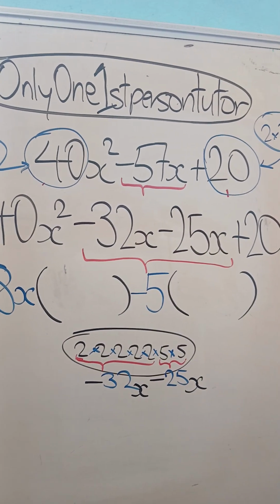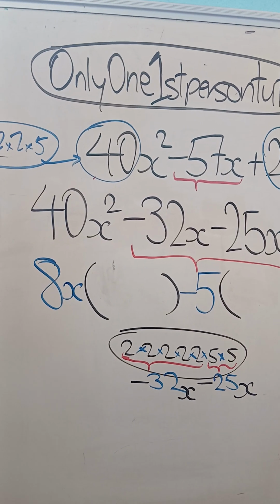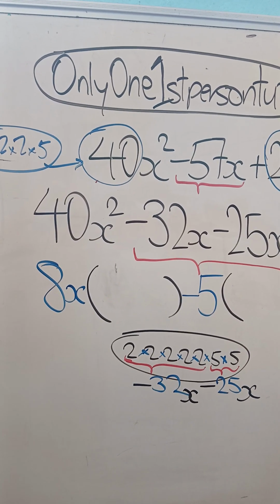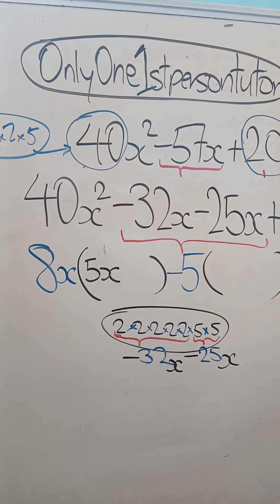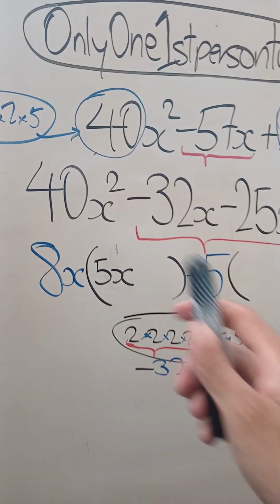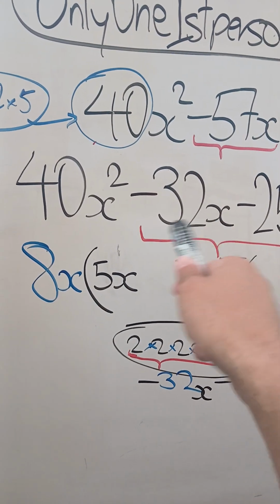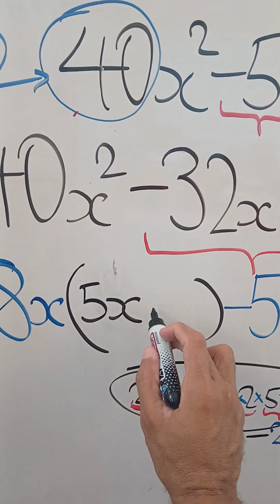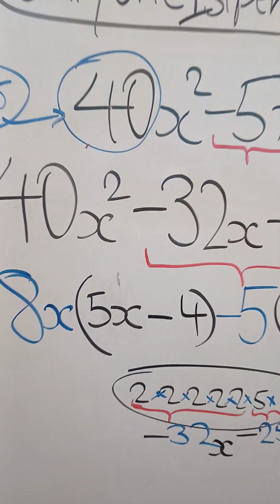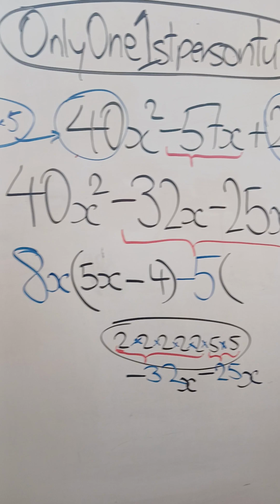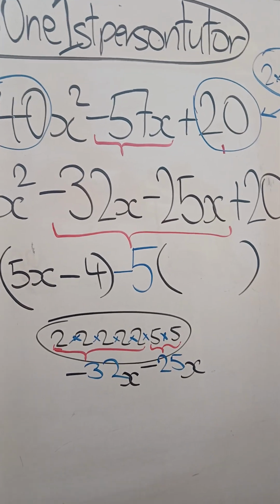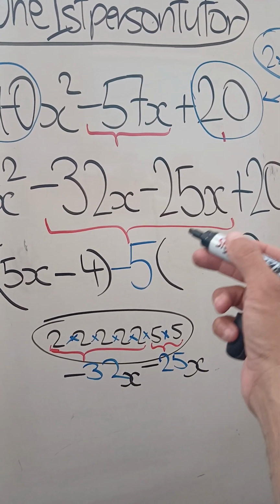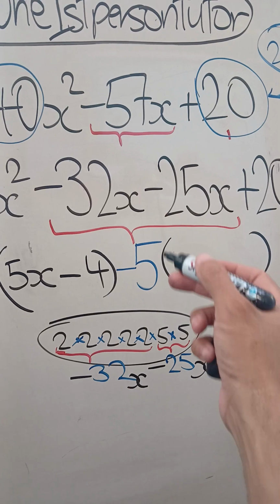So how do we get what goes in the bracket? Well, you can just divide 40x squared by 8x, leaving you with 5x. And of course, you divide minus 32x by 8x, you're left with a minus 4. Now let's go over here and explore. We divide minus 25x by minus 5.